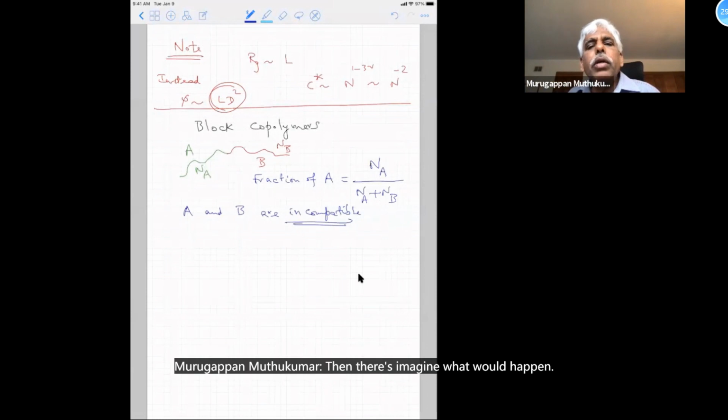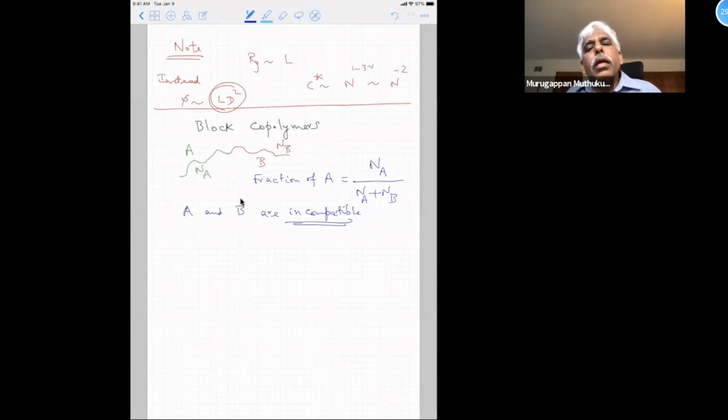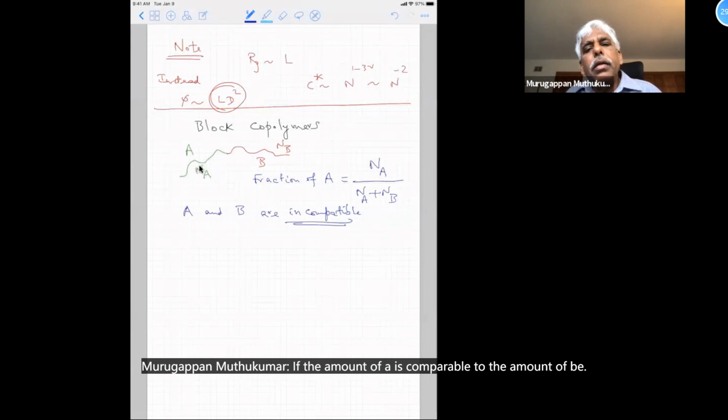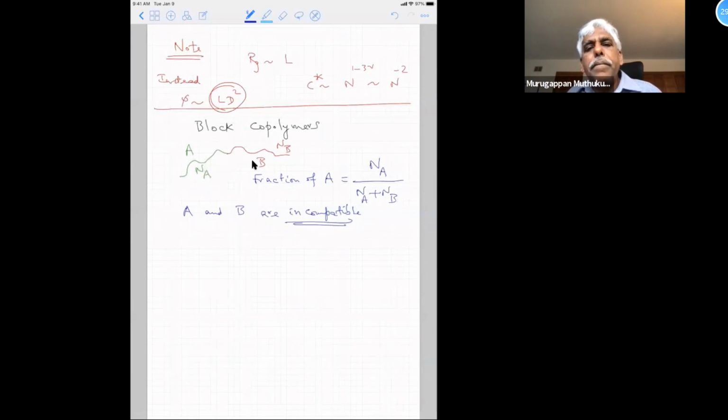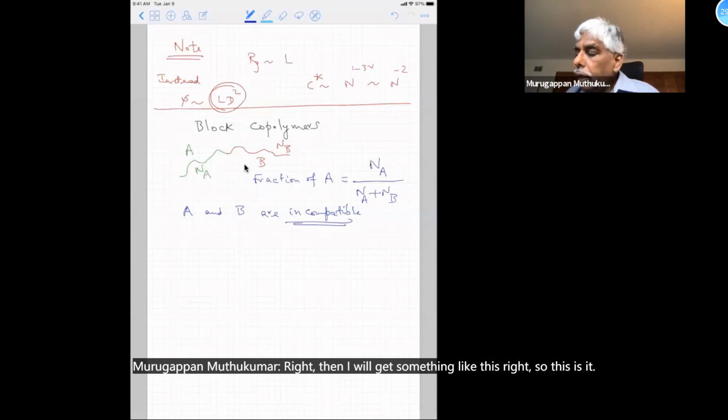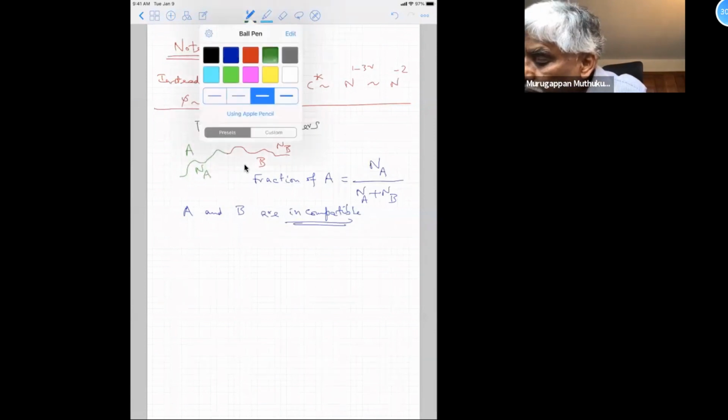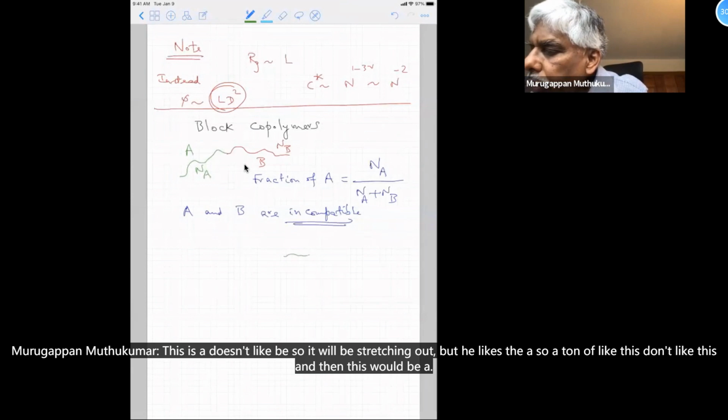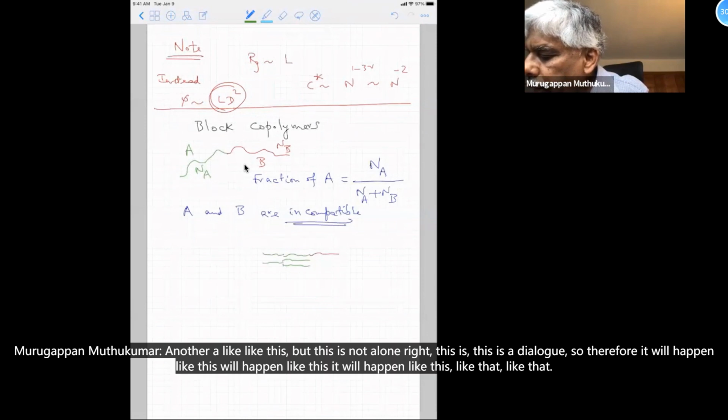Then let's imagine what will happen. If the amount of A is comparable to the amount of B, then I will get something like this. This is A, which doesn't like B, so it will be stretching out. But A likes A, so it will turn out like this, and then this would be A. Another A lines up like this.